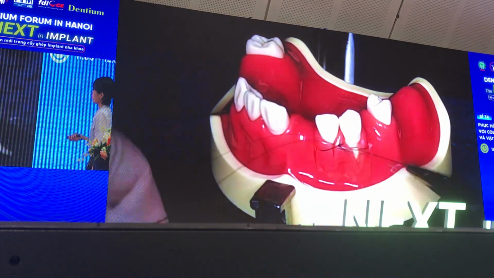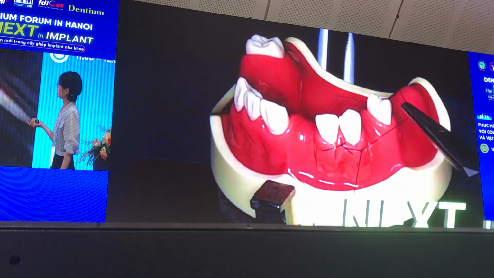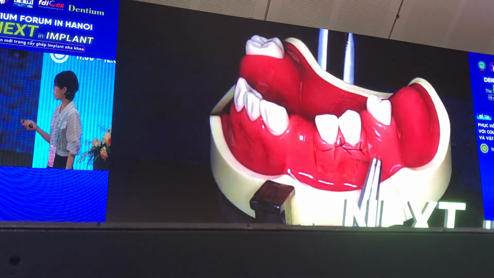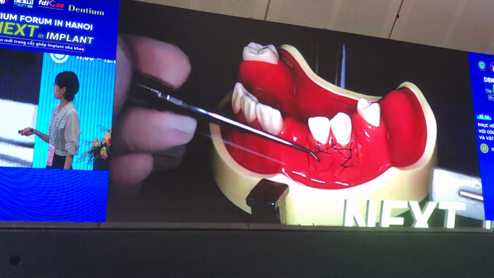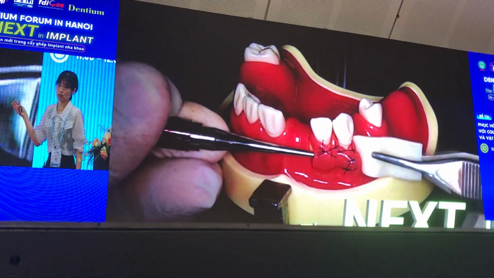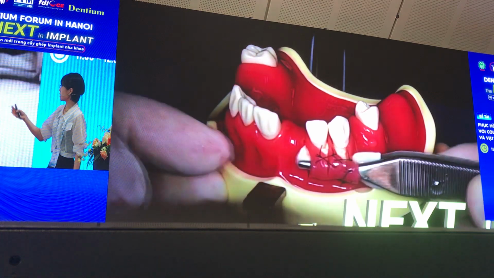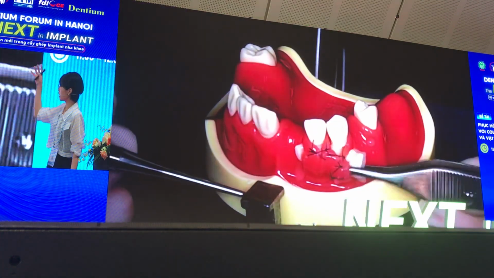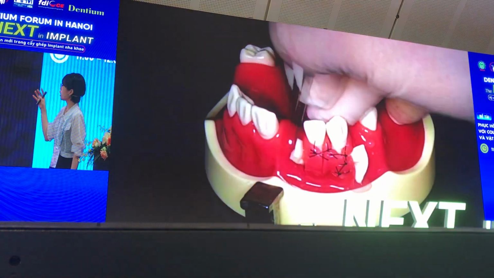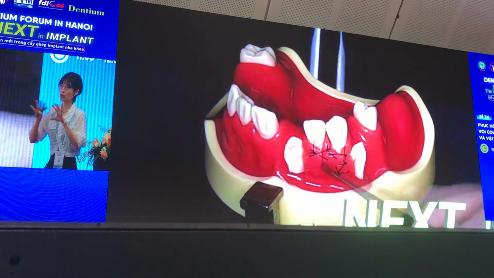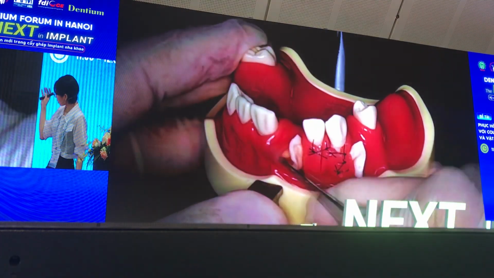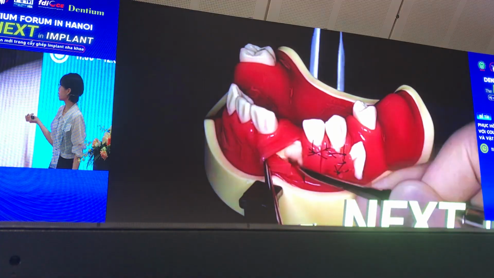So after making sure of closing the gingival incision with the suturing, we can apply the collagen matrix inside like this. You have to make the full thickness on both sides of the incision, because it can make the positioning stable when we apply the collagen matrix like this.